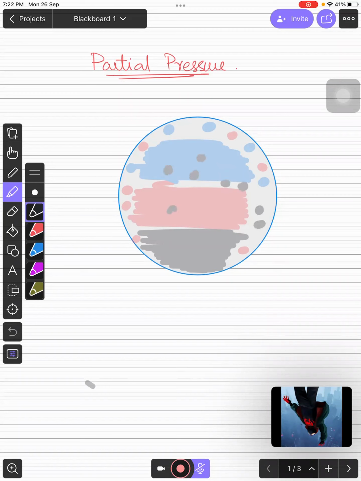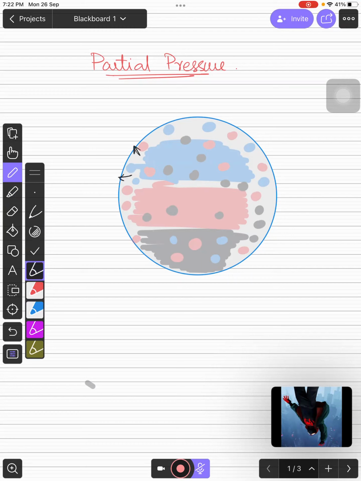It depends how much of each gas there is. Every gas molecule moves randomly, and every gas particle applies pressure on the walls of the container.